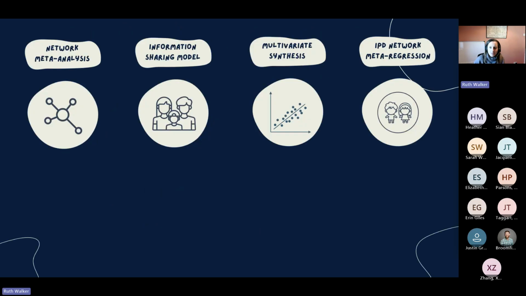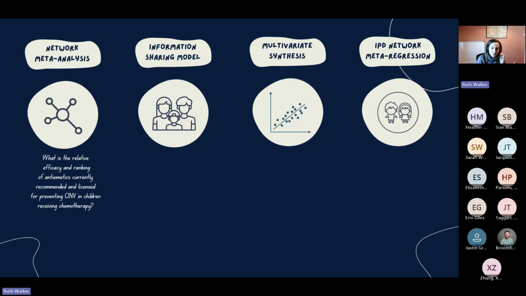So I've applied 4 particular evidence synthesis methods to overcome these specific limitations. I've applied a network meta-analysis that allows for the comparison of 3 or more treatments simultaneously.